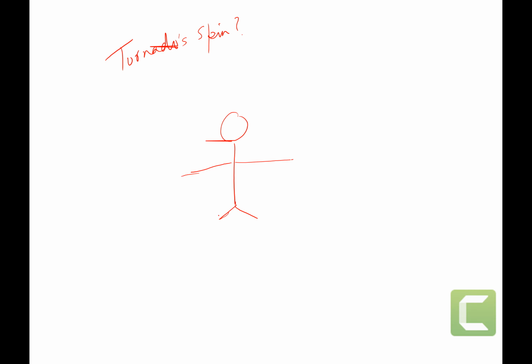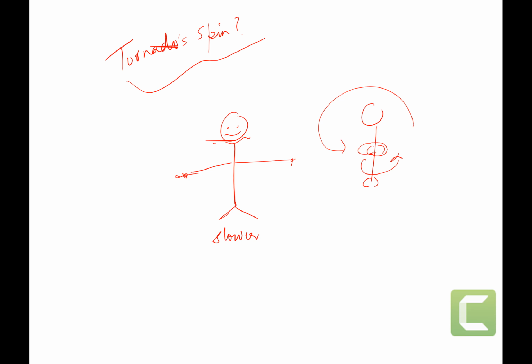That's the same thing that happens to the figure skater. If this is a figure skater, I know this is not the best diagram. When her arms are wide open, she's slower compared to when she brings the arms closer, and then she spins faster and faster. In the same way, tornadoes spin faster when the radius starts decreasing.